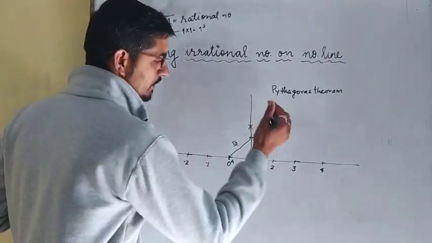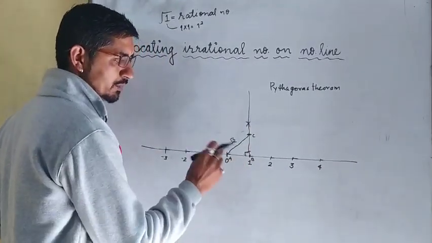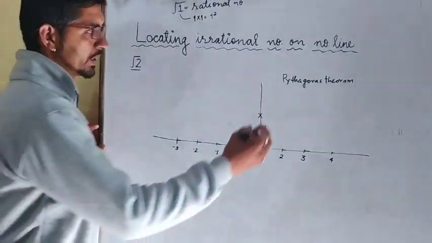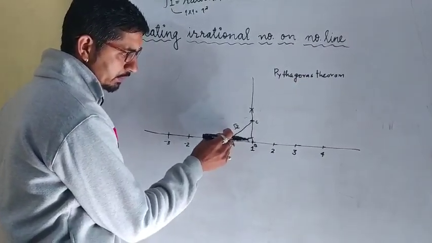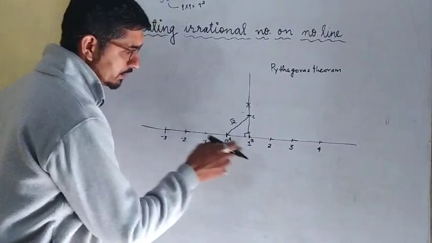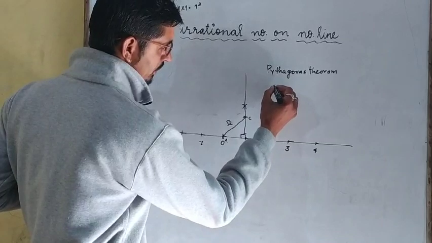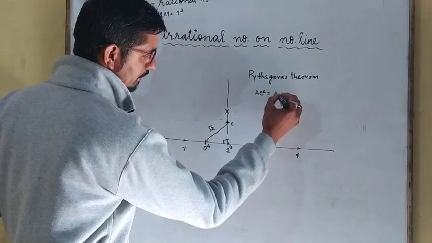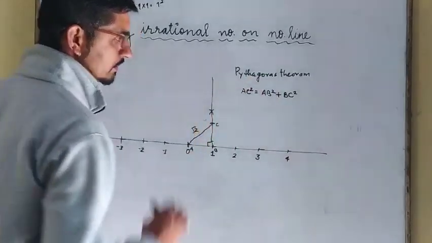Now, AC will be the hypotenuse because it is just opposite to the right angle. According to the Pythagoras theorem, the side opposite to the 90-degree angle is known as the hypotenuse. BC will be known as perpendicular, and AB will be known as base. So according to the names, AC square is always equal to AB square plus BC square.